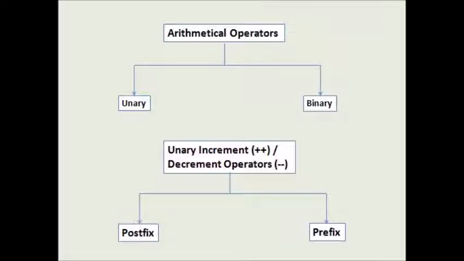Postfix increment or decrement operator is used after the operand. It works on the principle of first use then change, whereas prefix increment or decrement operator is used before the operand. It works on the principle first change then use. And binary arithmetic operators are used with two operands.